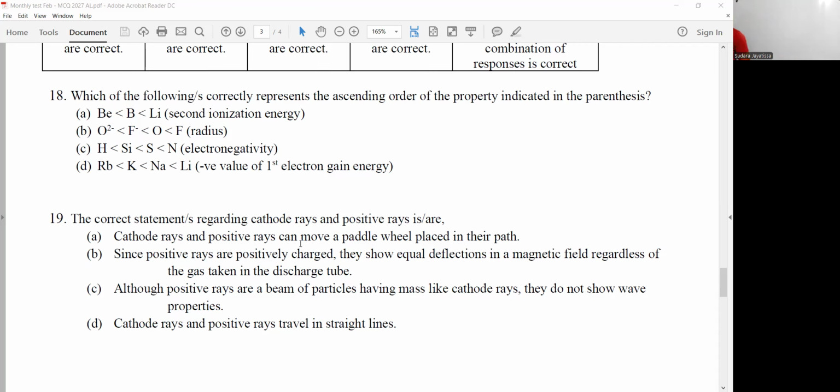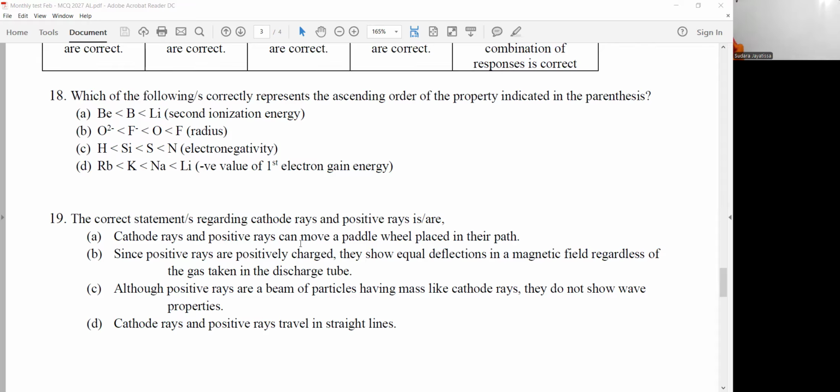That is wrong. Both cathode rays and anode rays have particle character. So this statement is wrong. First one is wrong.